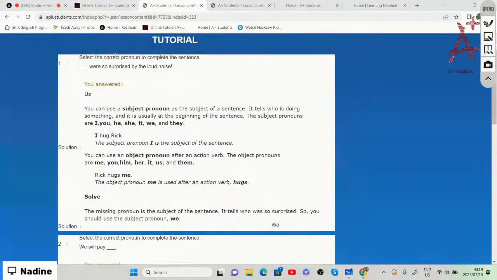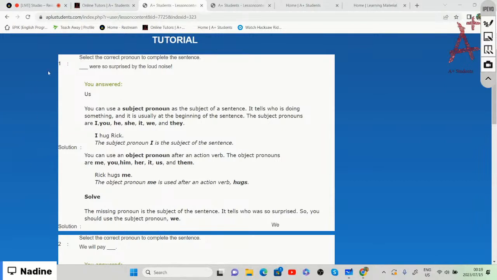All right, we need to select the correct pronoun to complete the sentence. So blank were so surprised by the loud noise. So who was surprised by the loud noise, right? And remember, were also indicates that it is either singular or plural.